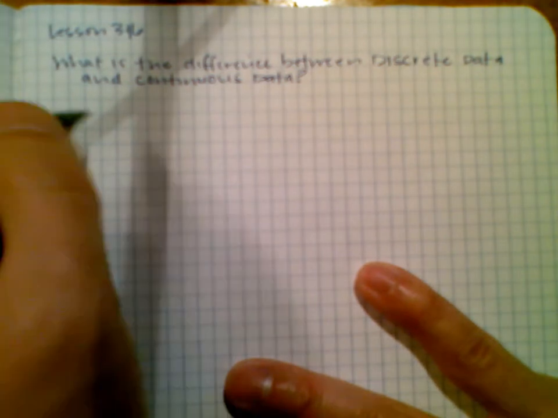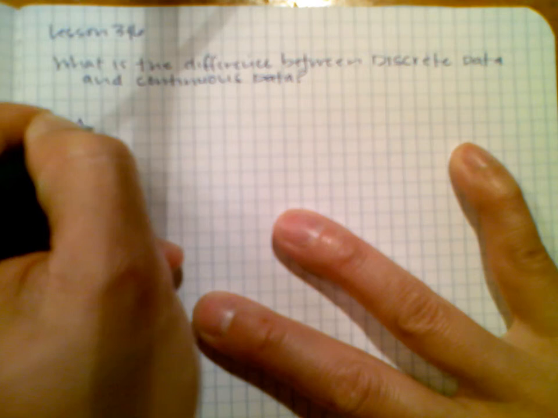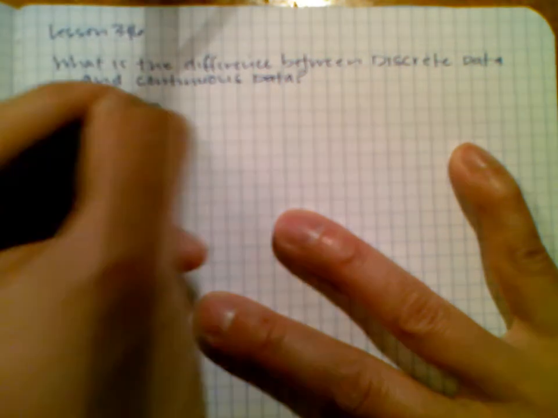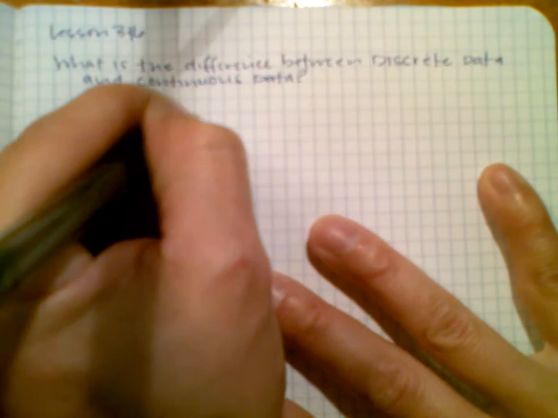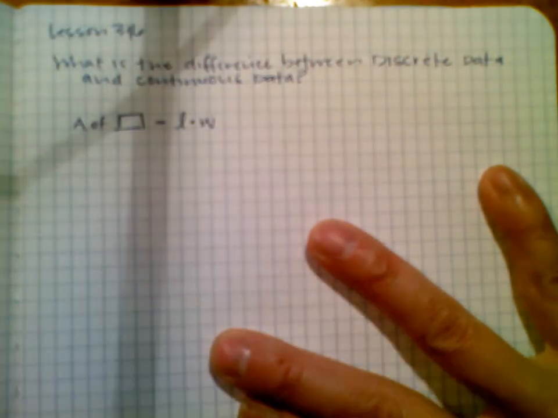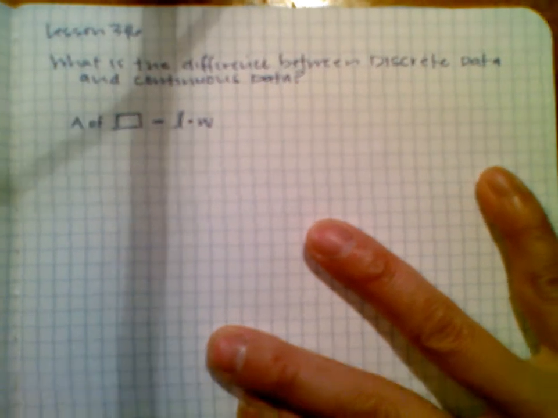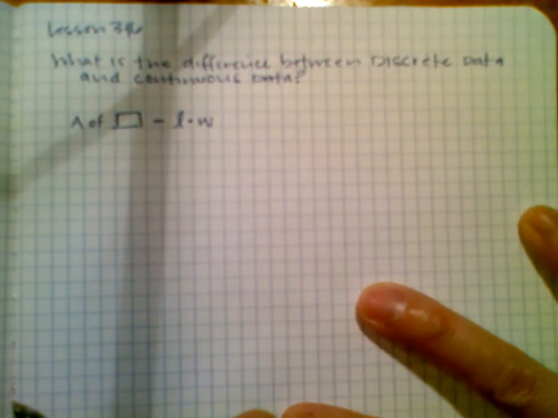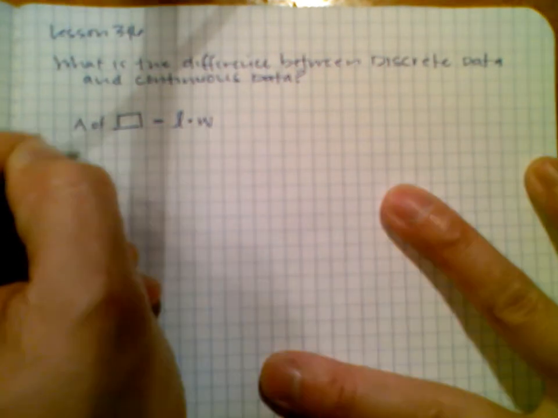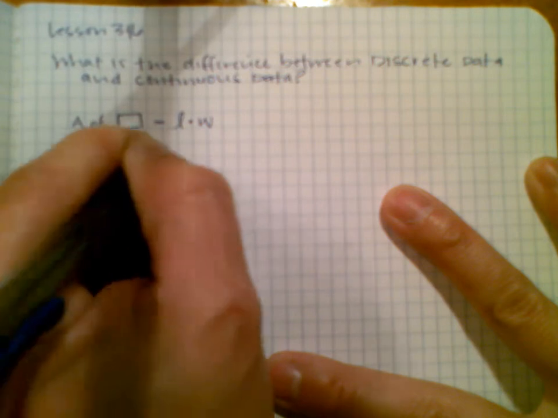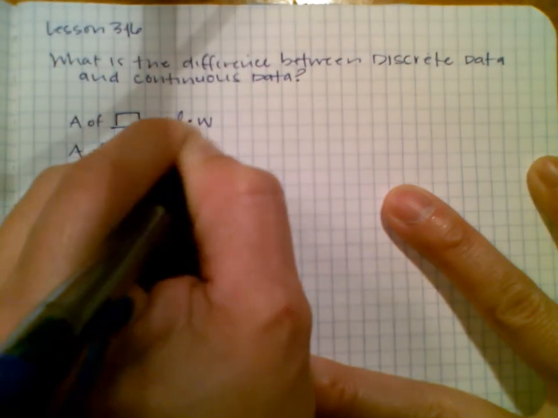First thing, let's review, the formula for area of a rectangle is length times width. See if that helps a little bit. All right. The formula for the area of a parallelogram is base times height.